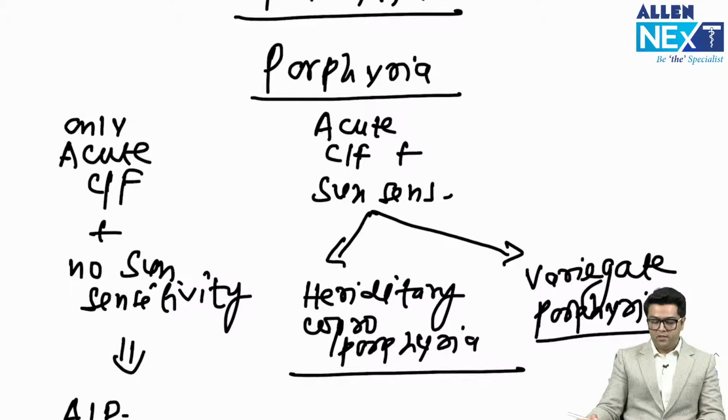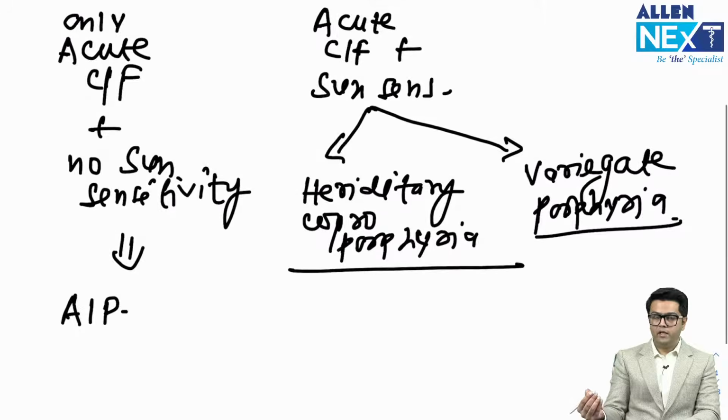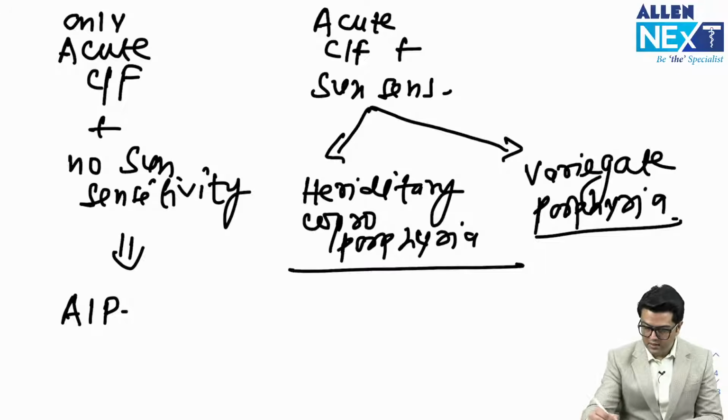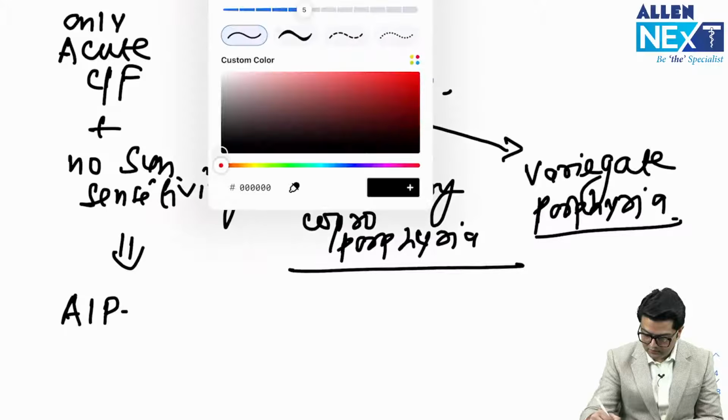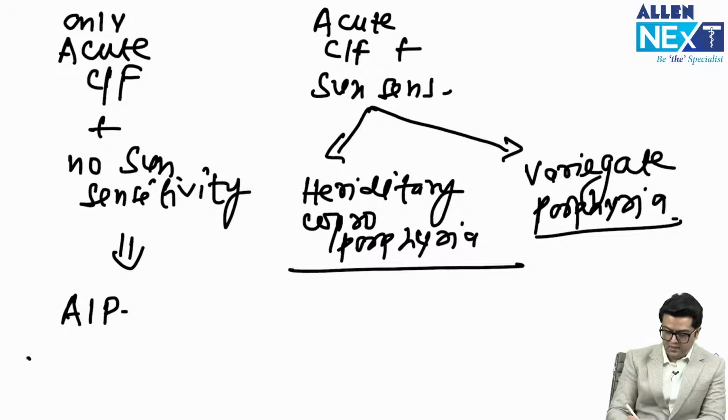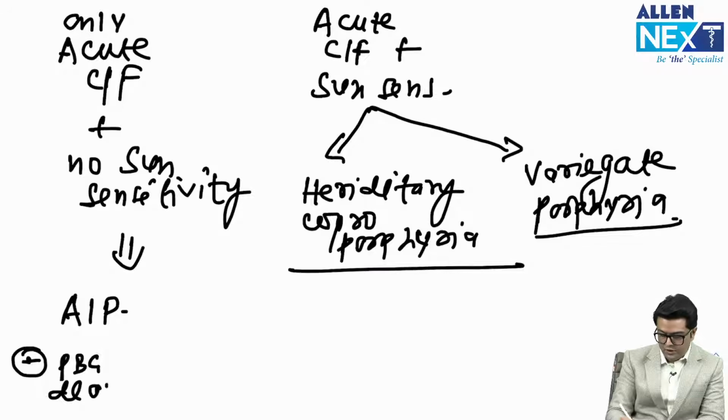What is the name of the enzyme here? Obviously you all know the enzyme deficient in acute intermittent porphyria, that is PBG deaminase, porphobilinogen deaminase.